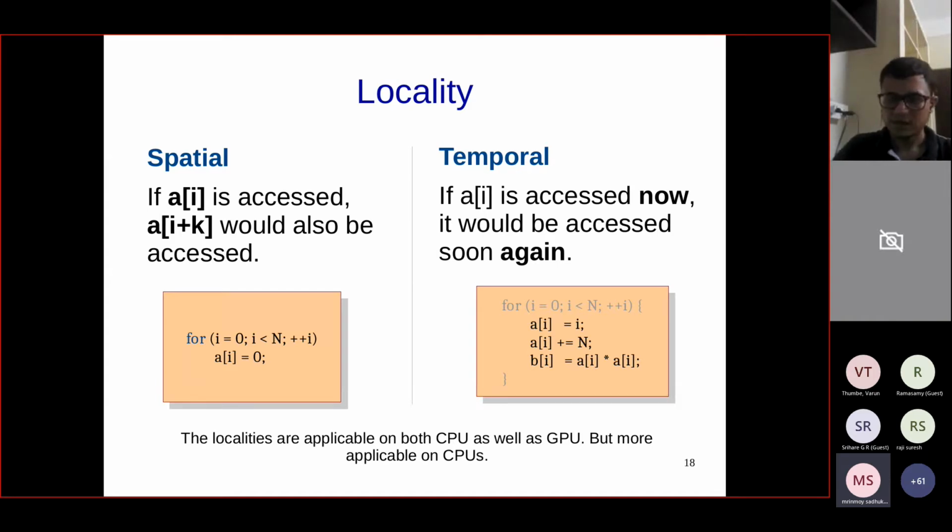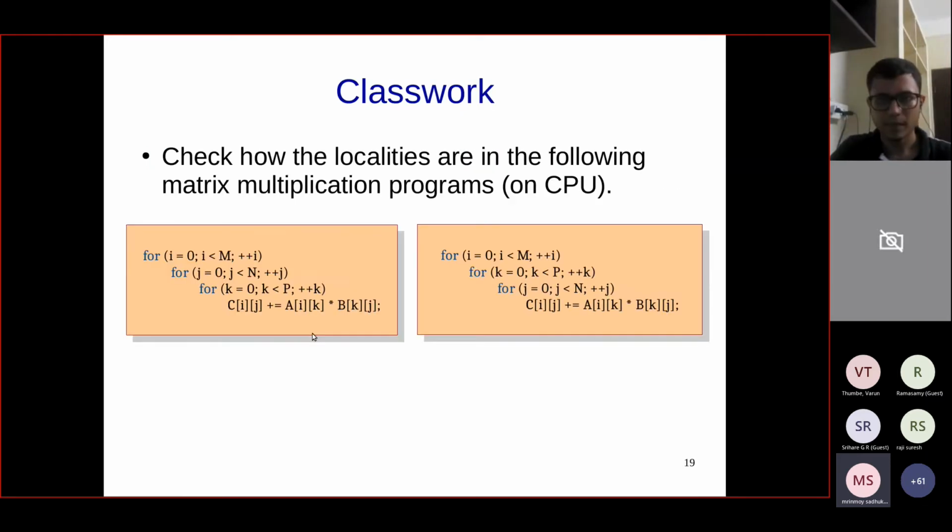But there is one aspect related to spatial locality, which I have already mentioned, which is memory coalescing. It's very close to spatial locality, and it gets exploited on GPUs to reduce the latency. We'll see in tomorrow's lecture what memory coalescing is.